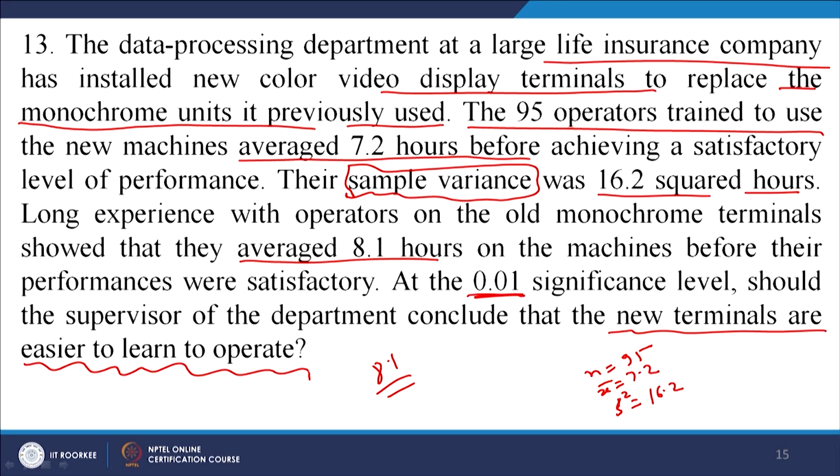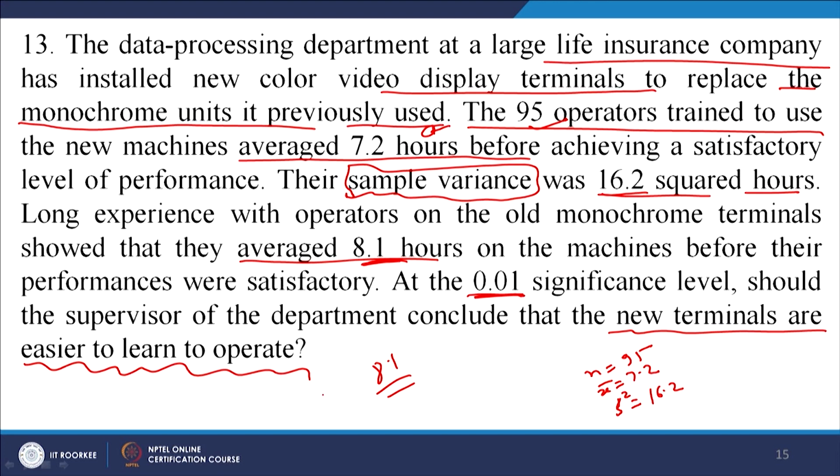So, this is the sample size and this is the average training time, the sample variance is this much, and from long past experience, operators on old terminals averaged 8.1 hours.